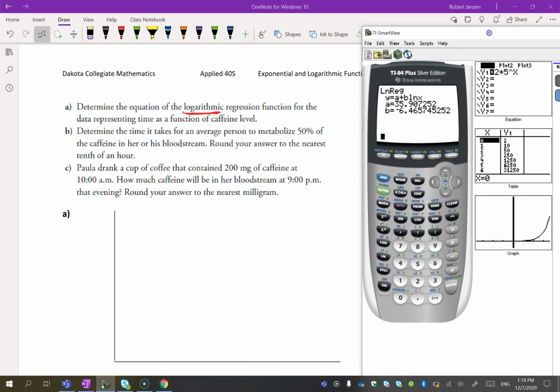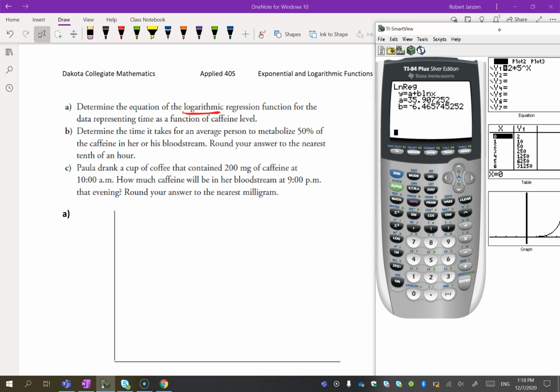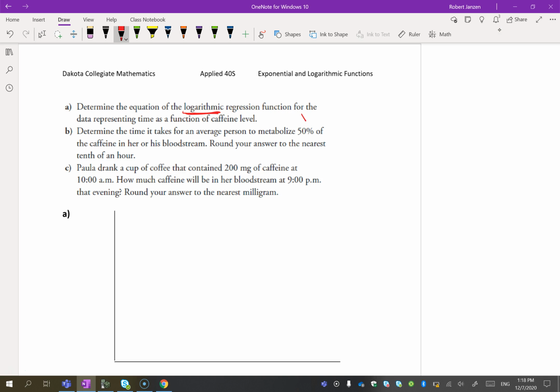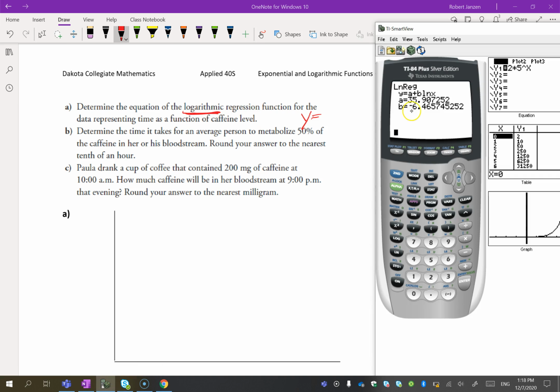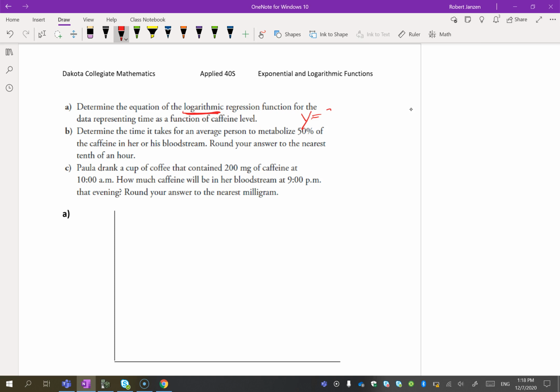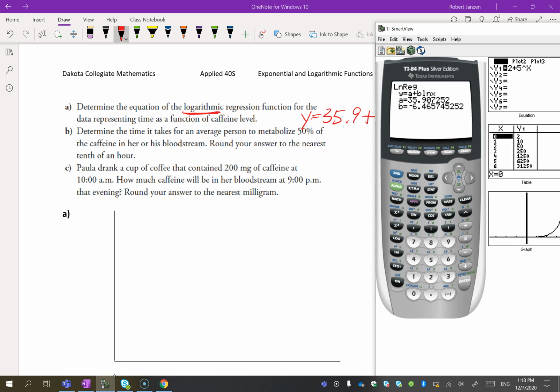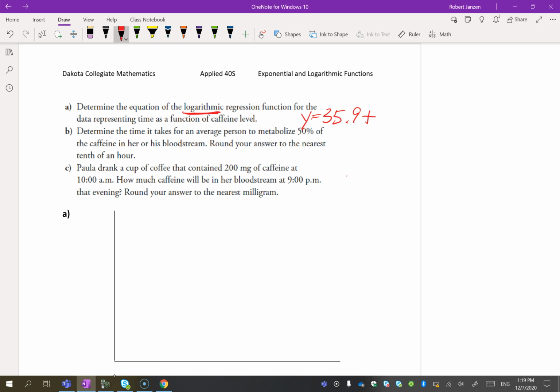So the equation is going to be y equals, and my A value is 35.9 plus, B is negative 6.47, so negative 6.47 ln x.